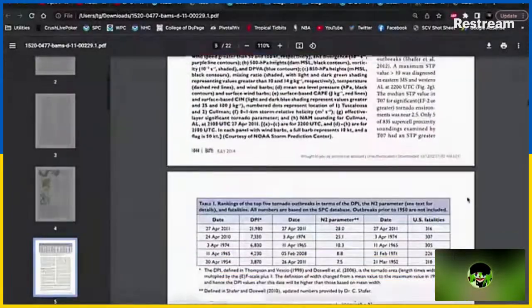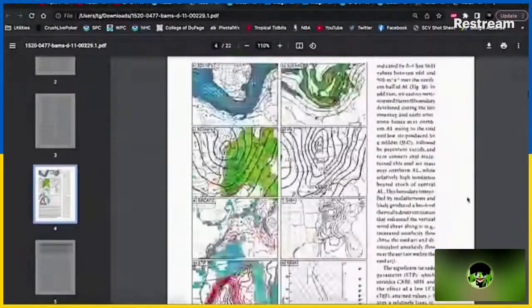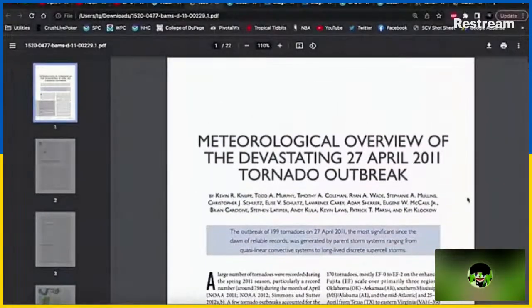But it goes through the chronology, some of the damage, and a lot of the impacts from this event. So if you're looking for a more in-depth publication that is going to go beyond what we're going to talk about in this video, this is a really great resource. I'm going to put the link to this article in the description below.